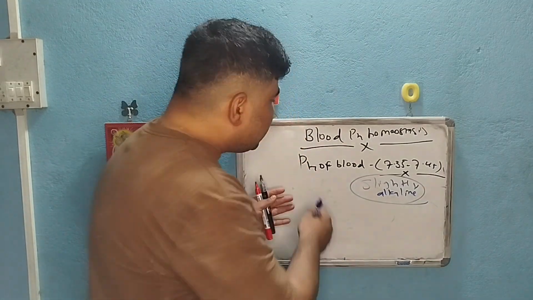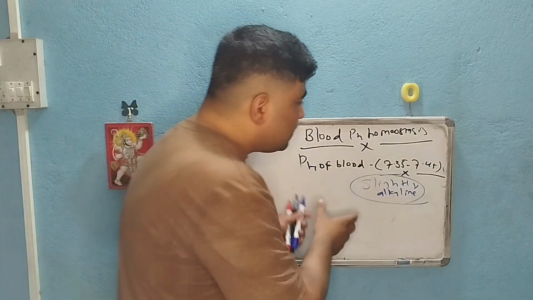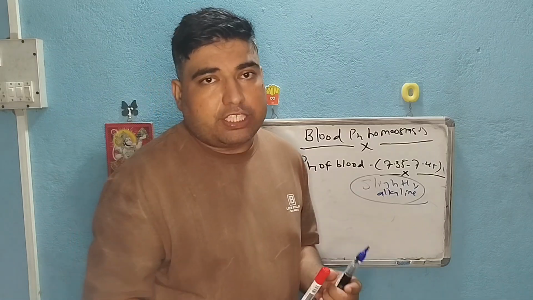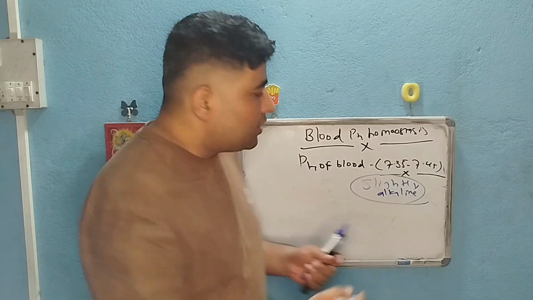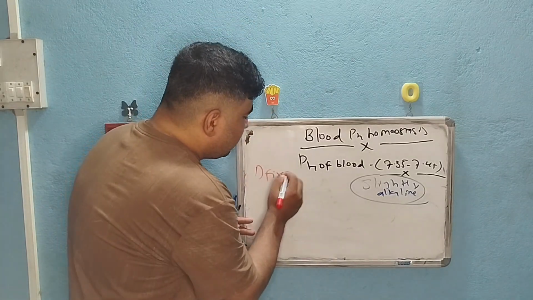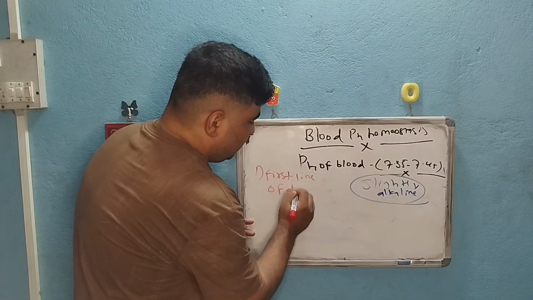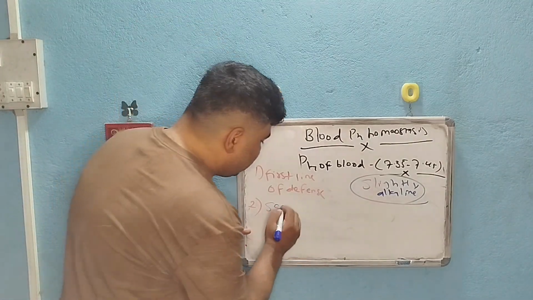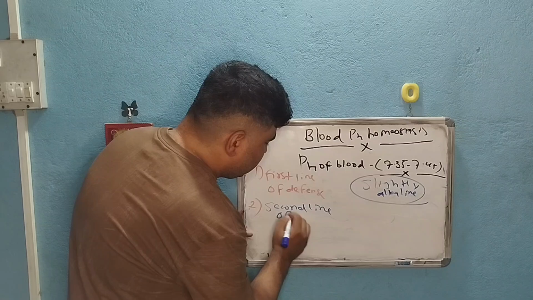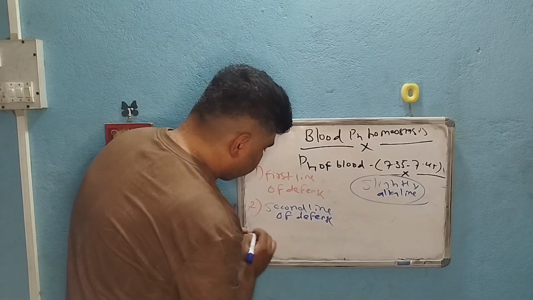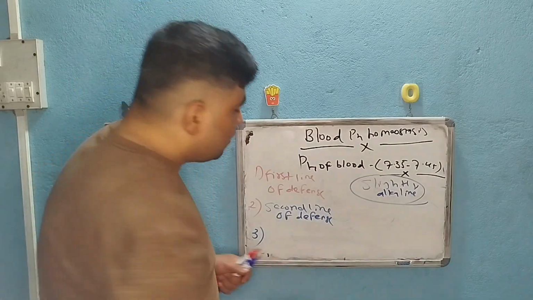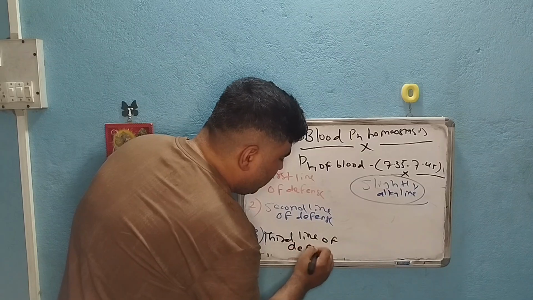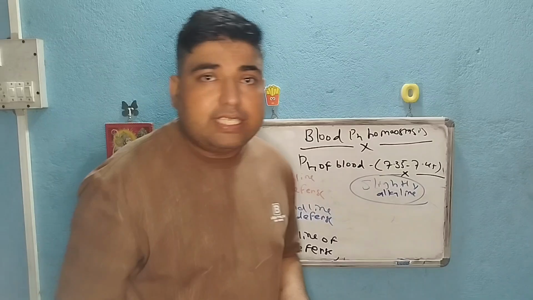To maintain the pH of the blood at this optimal range, we have different kinds of buffering action in our body, and those buffering actions are divided into the first line of defense, the second line of defense, and the third line of defense against the rise or fall in pH.